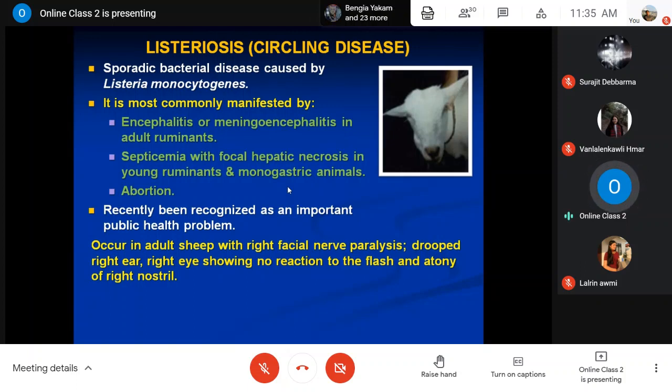These nervous signs are there, and the animal moves around when infected with encephalitis affecting the meninges, the spinal cord, as well as the brain itself. The animal may move in circles, which is why it has been given the name circling disease.